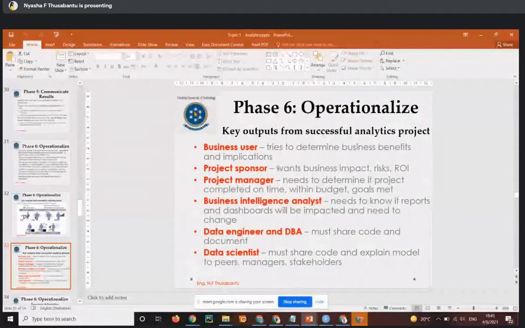The sponsor wants business impact and return on investment. The project manager needs to determine if the project completed on time, within budget, and the goals were met. The analyst needs to know if reports and dashboards will be impacted and need to change over time. The engineer and the administrator must share the code and the documentation of whatever transformation, loading, and schema they've done. The scientists must share code and explain models to managers, peers, and stakeholders.